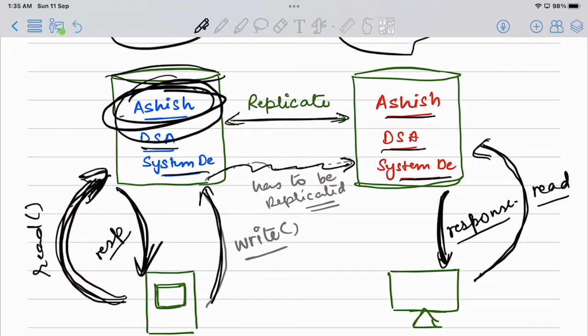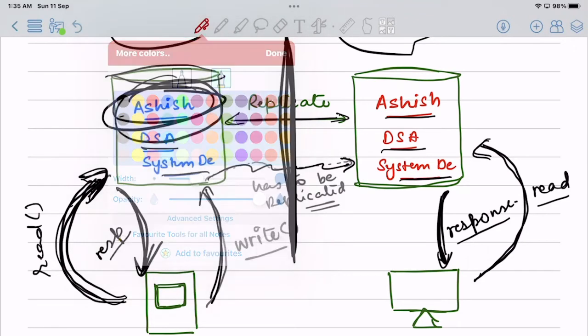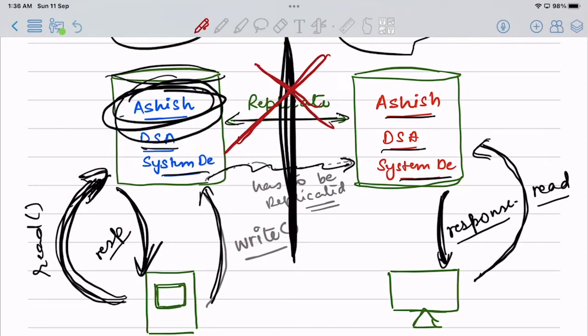Like you have partitioned your database servers, data stores, and over the network it is tolerant enough that all the data is being replicated, and some person is reading from other servers, some person is reading from the server where the writing happened first. Let's suppose this communication over the network breaks.